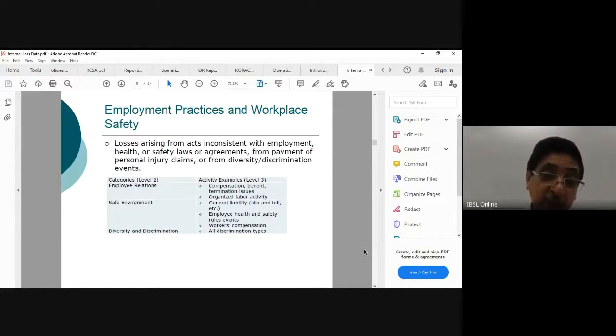If they meet with an accident during their work time, then the organization has to pay compensation, workers' compensation and all that. That is coming under level 3. Diversity and discrimination, all discrimination types. There you have racial discrimination, religious discrimination, gender discrimination, and all sorts of things.